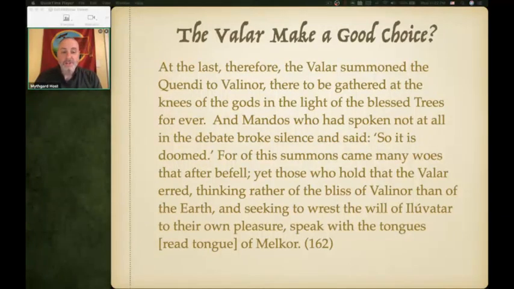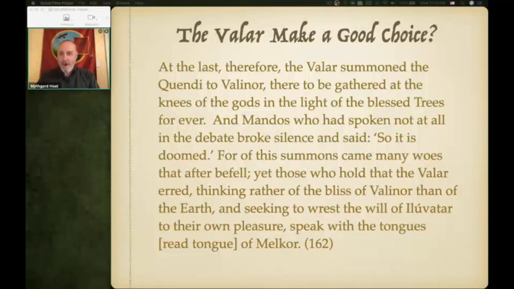And Mandos, who had spoken not at all in the debate, broke silence and said, "So it is doomed." For of this summons came many woes that after befell. Yet those who hold that the Valar erred, thinking rather of the bliss of Valinor than of the earth, and seeking to wrest the will of Ilúvatar to their own pleasure, speak with the tongues of Melkor.